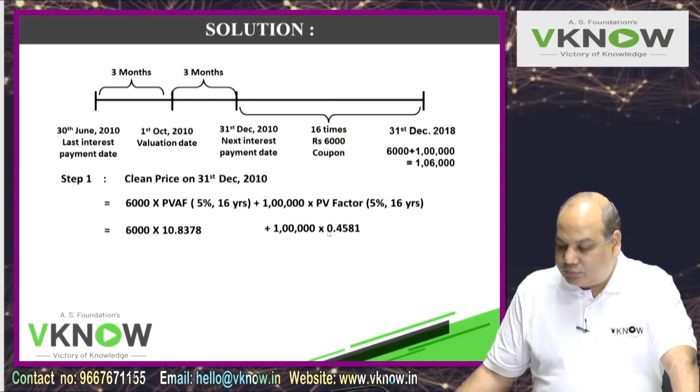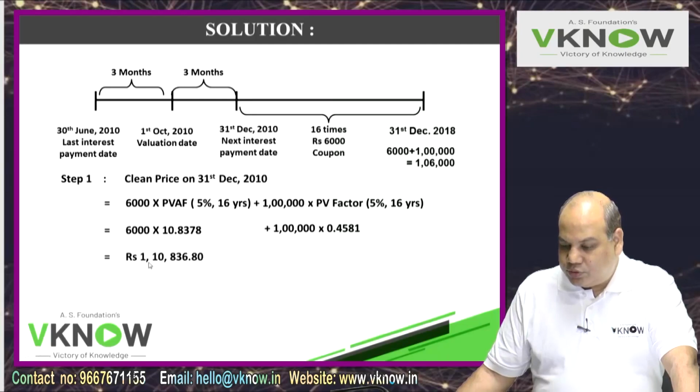Now come to the second part. 1 lakh into, calculate the present value factor for 5% and 16 periods. 1 divided by 1.05, press equal to 16 times. The 16th factor is 0.4581. So now you take the total of these two.